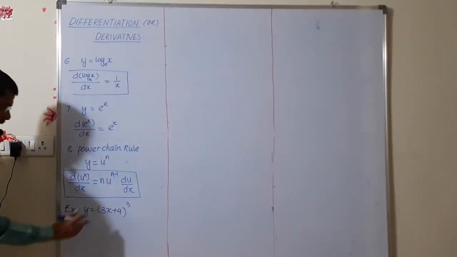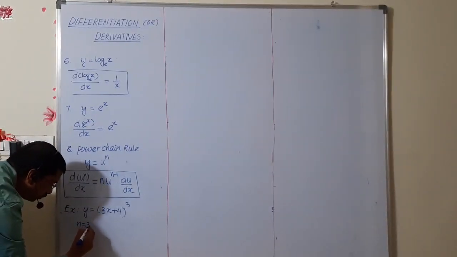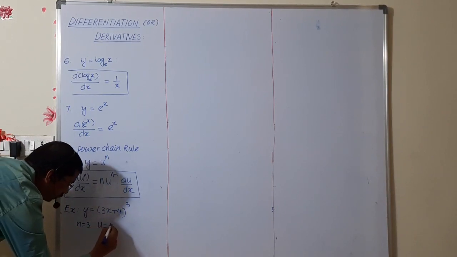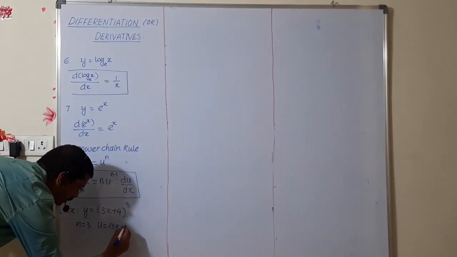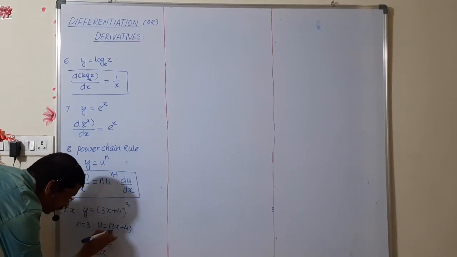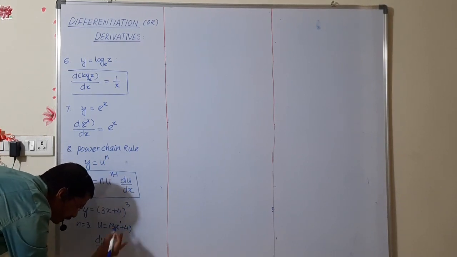In this term, how can we take? First of all, n is equal to 3, and u equals 3x plus 4. Now, du upon dx, differentiation. Here 3x, the constant is 0, the power of x is 1, means it is 3.